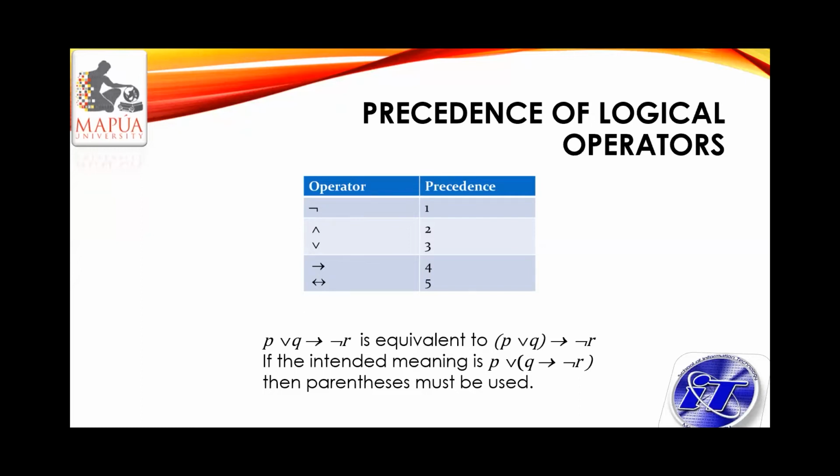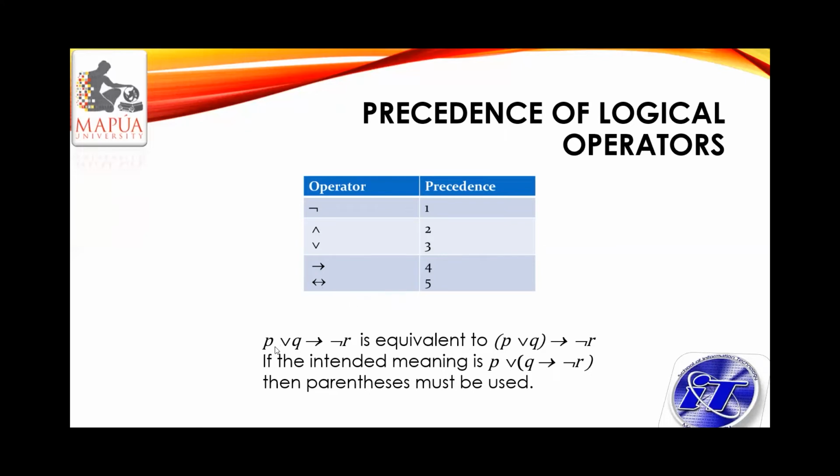So for example, we have P or Q implies not R. When we evaluate this statement, we need to evaluate first not R based on this table. The result of not R will be the consequence of the implication. After not R, we're going to evaluate P or Q, since based on this hierarchy, it will be third on the ranking.